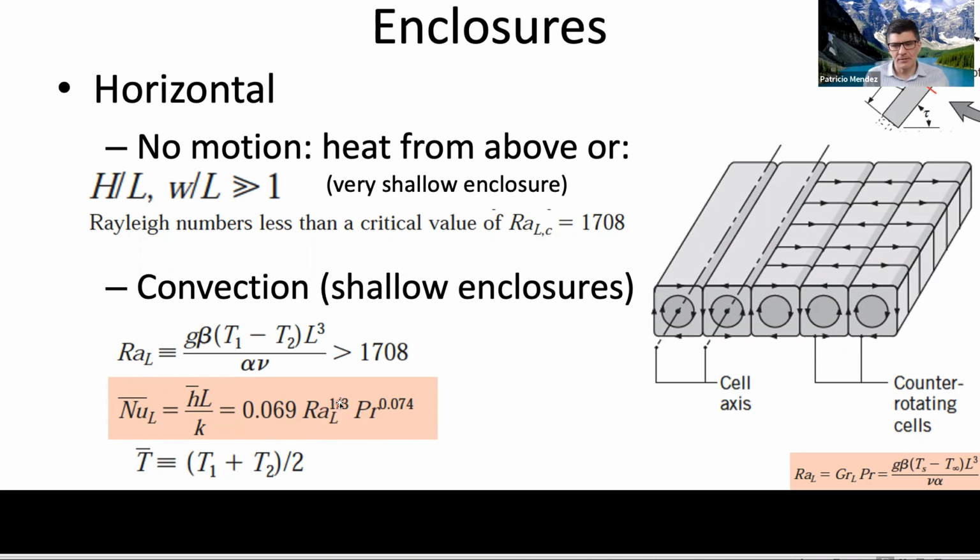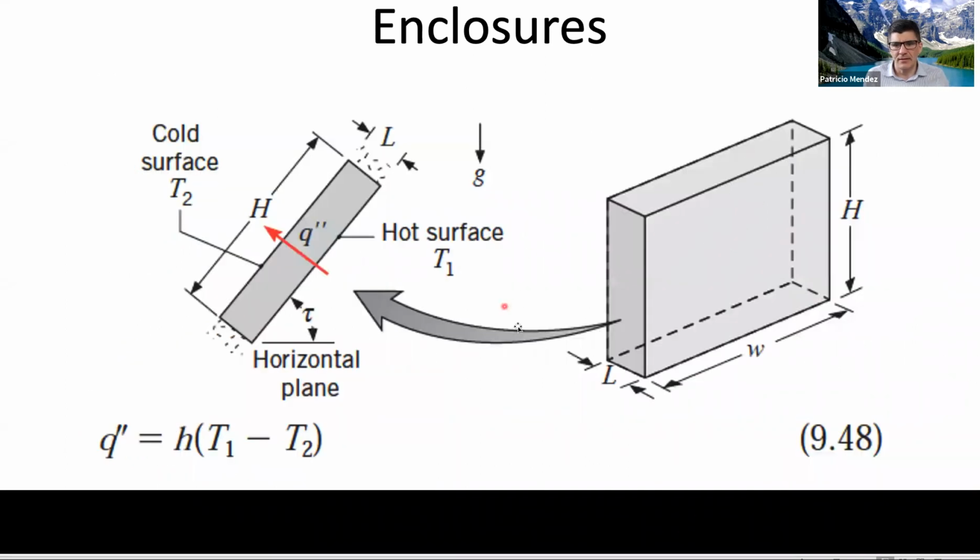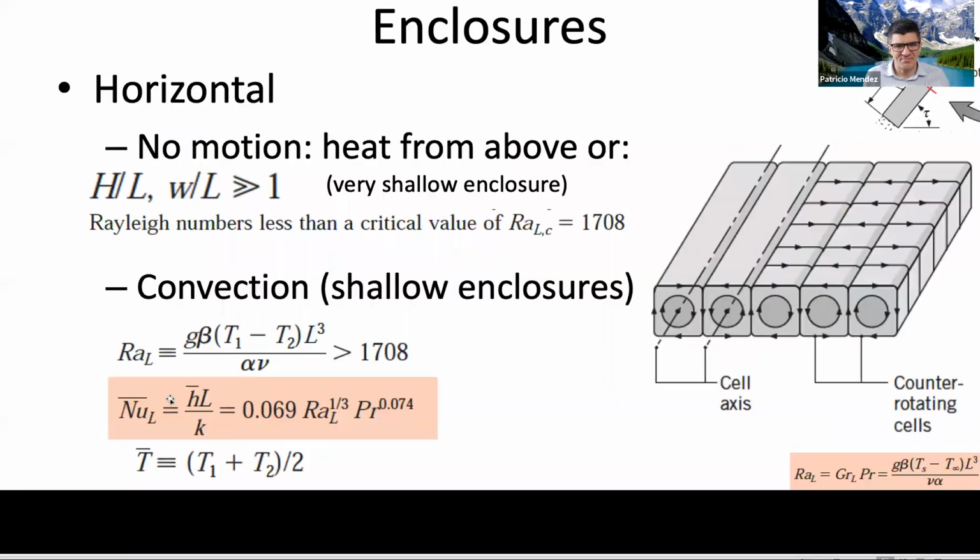The exponent is kind of well known. What matters here is that we would get this Nusselt, and L, remember, is the thickness of the enclosure. So we get a Nusselt based on L, and from here we can calculate a convection coefficient for the heat going across these many convection rolls.